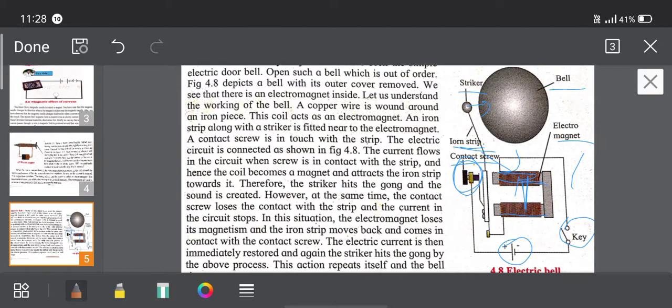In this situation, the electromagnet loses its magnetism and the iron strip moves back to its original position and comes in contact with the contact screw. So the electric current is immediately restored and again the striker hits the gong by the above process. In this way the common doorbell creates sound. This action repeats itself and the bell rings.